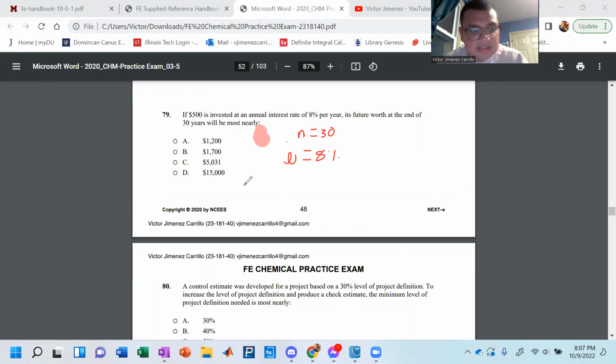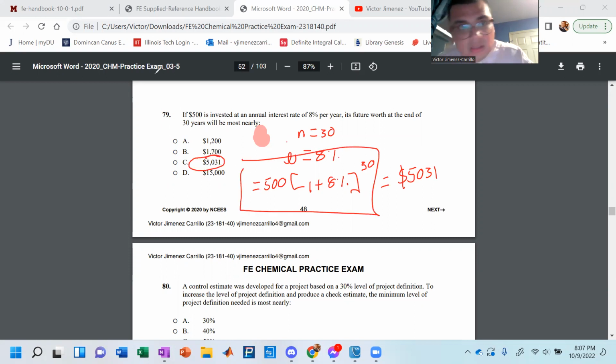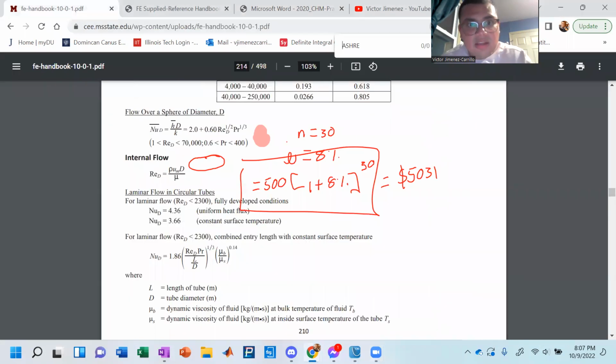So the equation looks like this: F equals 500, its current present value, multiplied by 1 plus 8% to the power of n, which is 30. This gives you $5,031, which is this answer. And if you're curious where this equation comes from, go to your reference handbook, go to engineering economics, and it's the first one there.